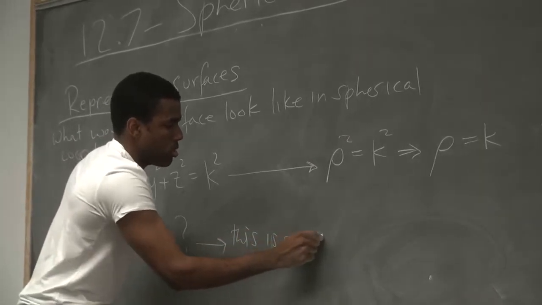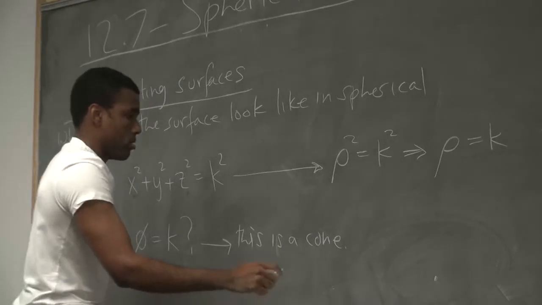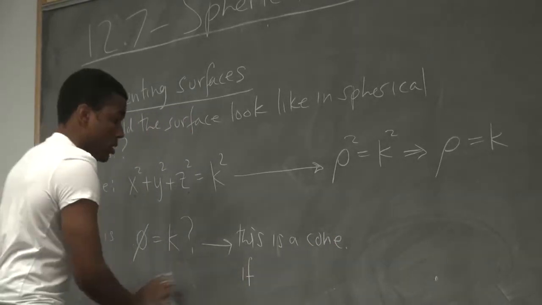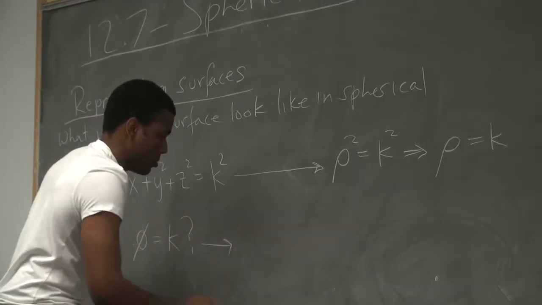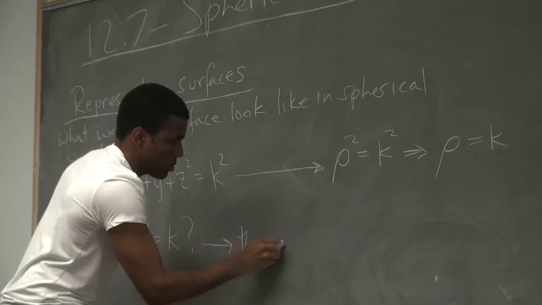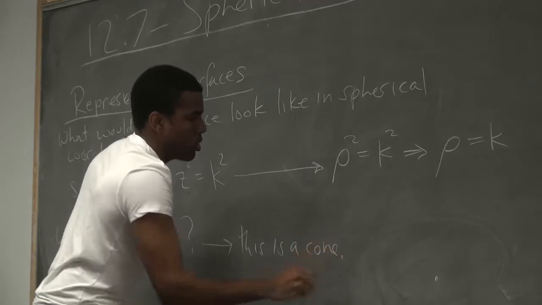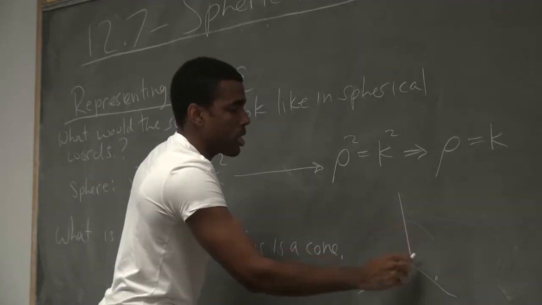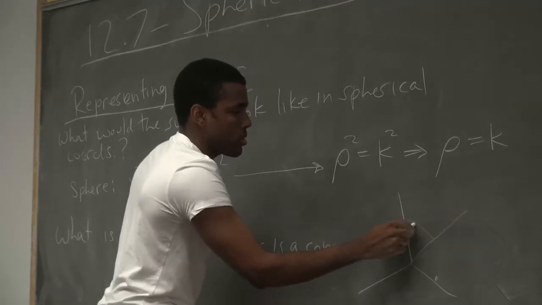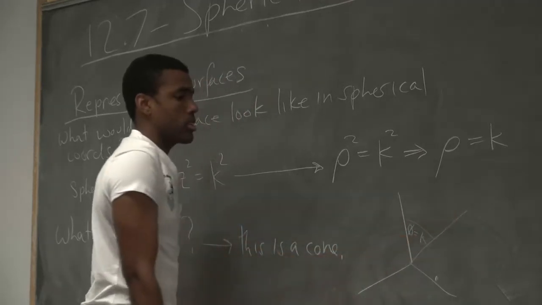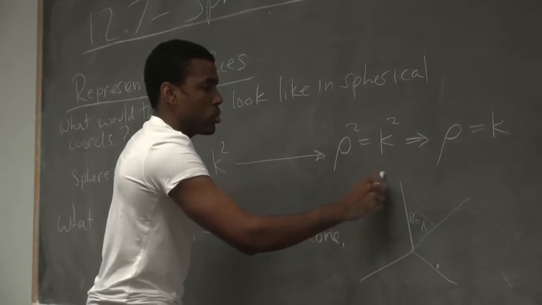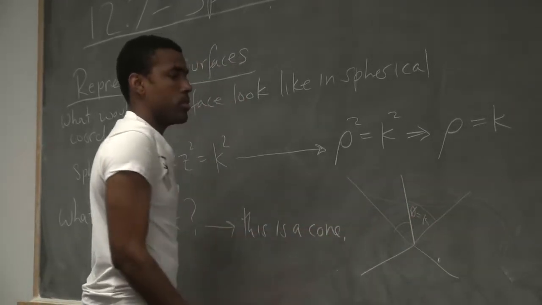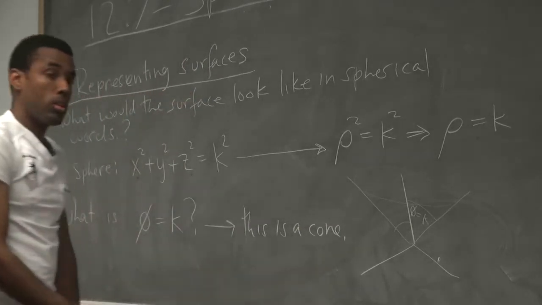It's always a cone. For example, this would just be the set of all points where your phi is a constant angle. This is phi equals k. That would mean you include all points going around where you'd always measure the angle phi equals k. You'd end up with a cone.